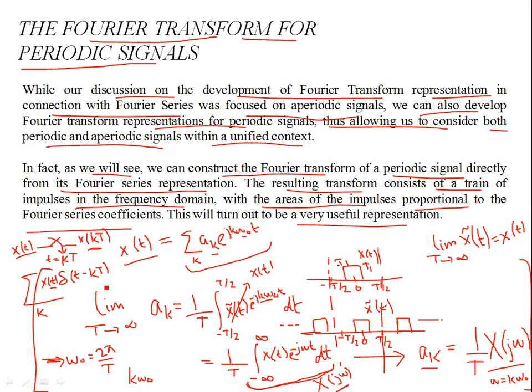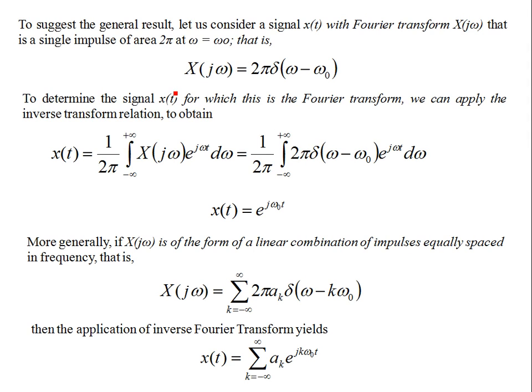So anyway, let's see how we can interpret the Fourier transform representation of a periodic signal in terms of impulses. To suggest the general result, let us consider the signal x(t) which has a Fourier transform X(j omega) that is a single impulse of area 2 pi, and that impulse is at omega 0.